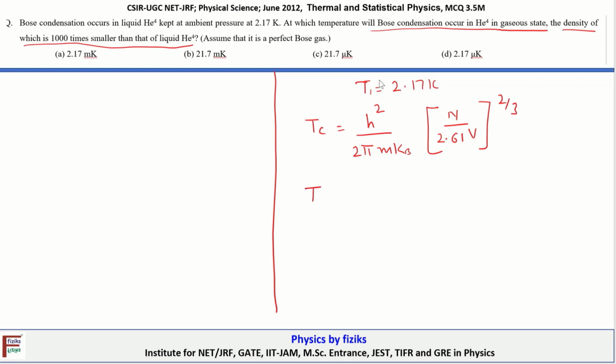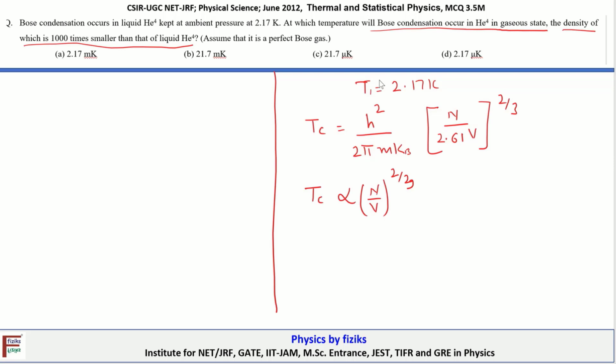In other words, the critical temperature is proportional to the number density via this relationship, to the power 2/3. With this result we can quickly calculate the new temperature.